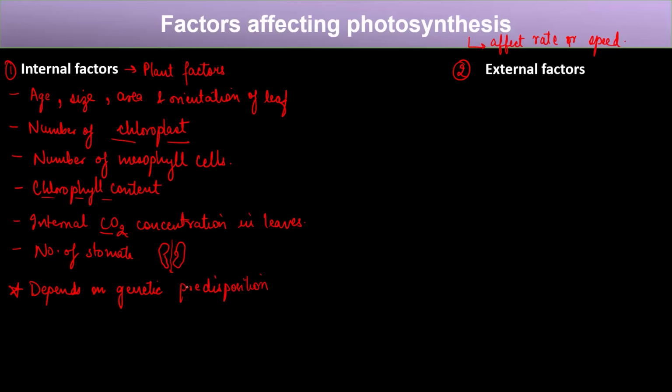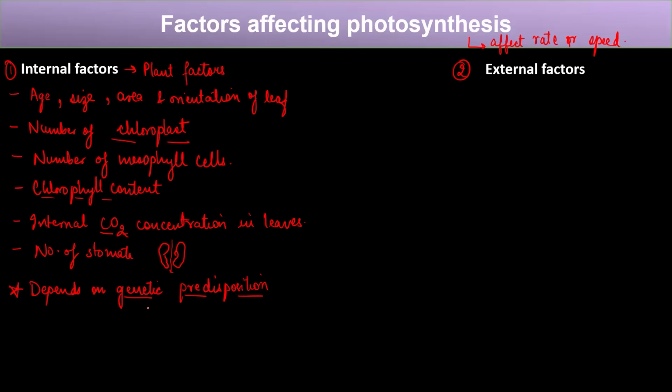So what does genetic predisposition mean? It means what are the genes, or what is the genetic constituent of that plant. We know that all living organisms have a certain genetic composition, right? And this genetic composition governs all the reactions that take place in our body or in any living thing.